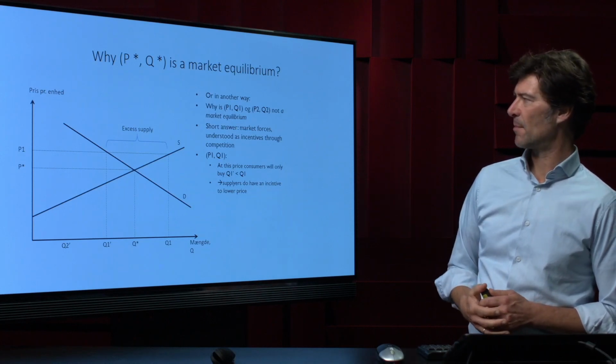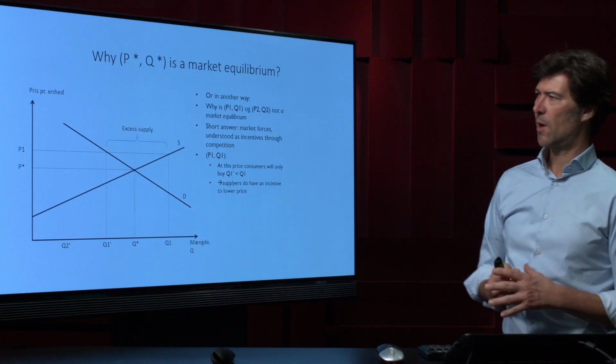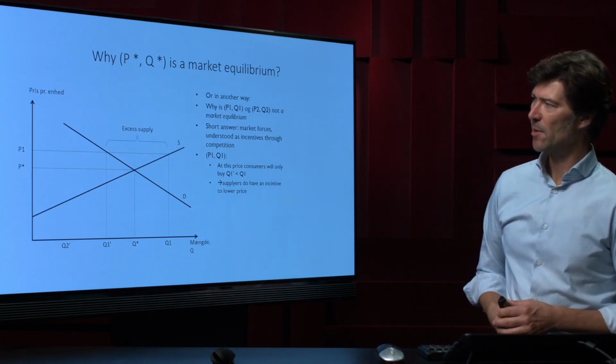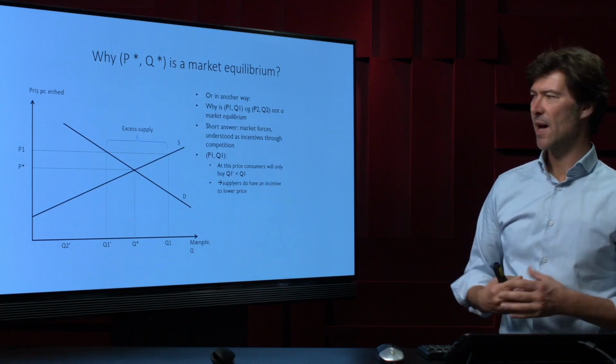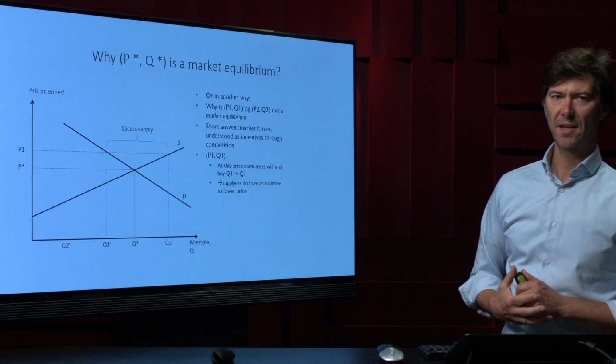If we, for example, consider the price of P1, P1 could be a minimum price supplied or guaranteed for suppliers. How would that play out in a market?